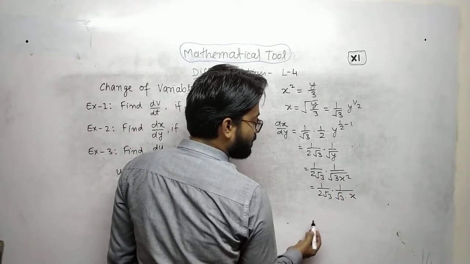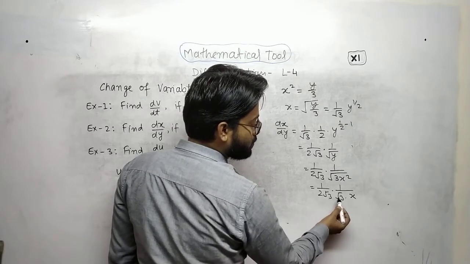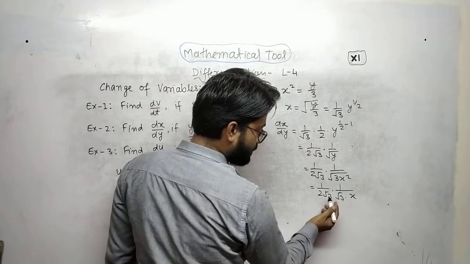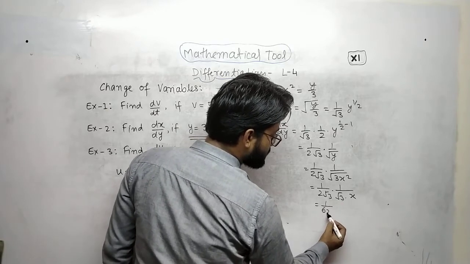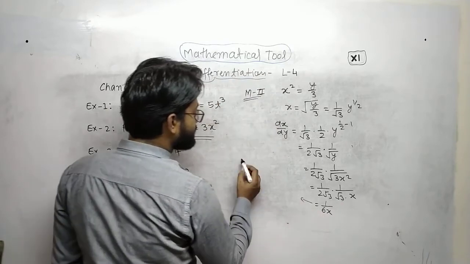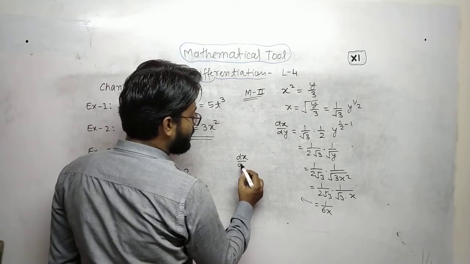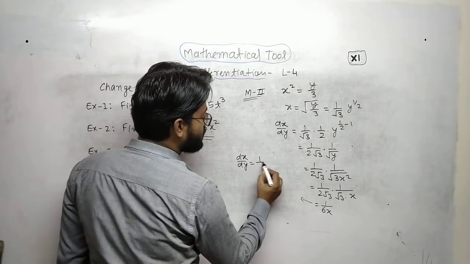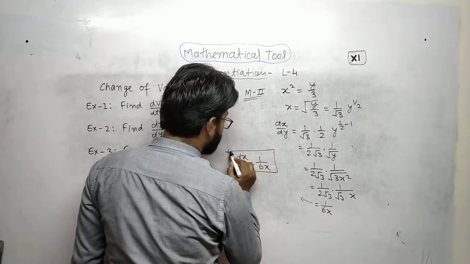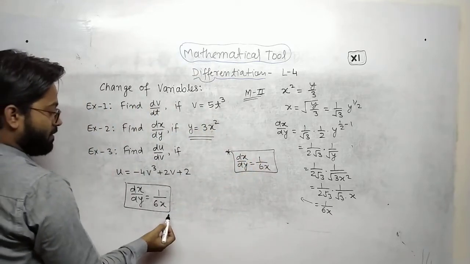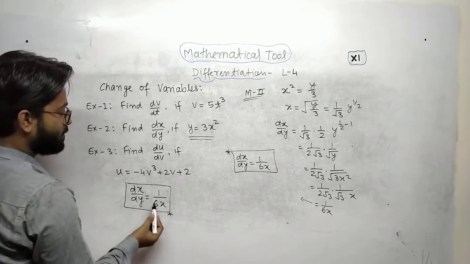Root 3 times root 3 becomes 3, multiplied by 2, that is 6, that is equal to 1 upon 6x. Finally we can say that dx upon dy equals 1 upon 6x. This is the answer, and this is the same as the answer in the first method.